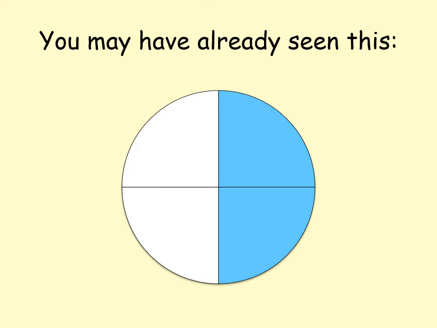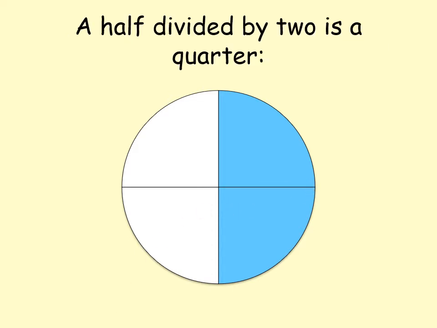You might already have seen this before, going back a few years, but I wanted to wind it back just so that you understood visually what it looks like. So there's that half again. Alright, there's the half, and we've divided it equally by 2. What does this give us? Yeah, it gives us a quarter, well 2 quarters.